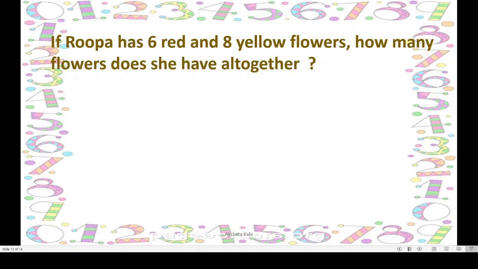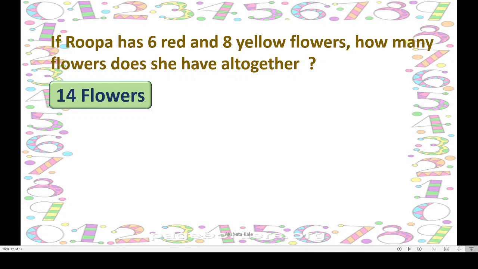Yes. What is the answer? 14 flowers. Yes, you are right. 14 flowers is the answer. 14 flowers, isn't it? A shortcut method is there. I will show you.